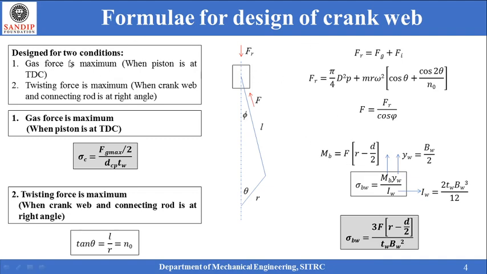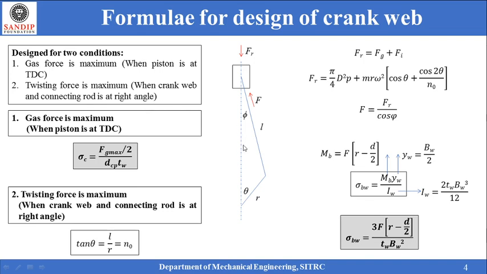The crank web is designed for two conditions, such as when the gas force is maximum, which occurs when the piston is at TDC, and when twisting force is maximum, which occurs when the crank web and connecting rod are at right angle.